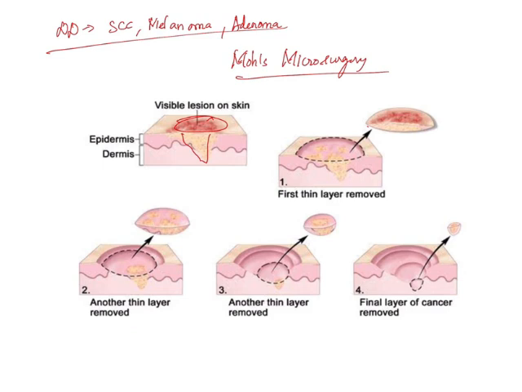The second step is that the visible portion of the tumor is surgically removed, right? Then the neighboring tissues are sent for frozen testing. Then a layer of skin is removed and divided into sections, into quadrants.